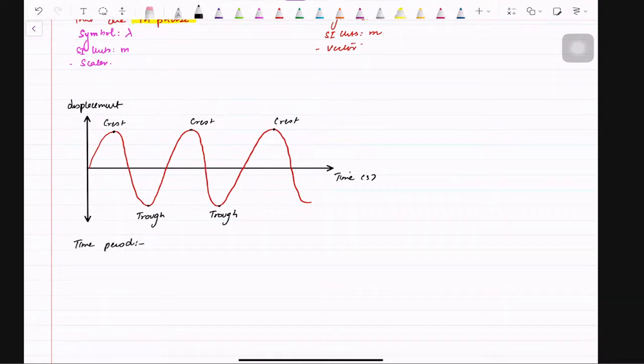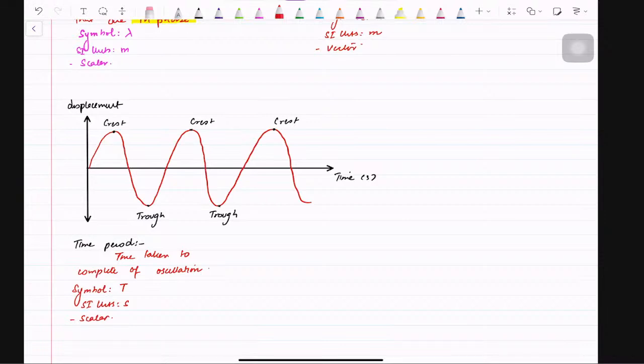The time period is the time taken to complete one oscillation. You can also call it one wave. The symbol of a time period is capital T. The SI unit is seconds, and it is a scalar quantity because it's just time.